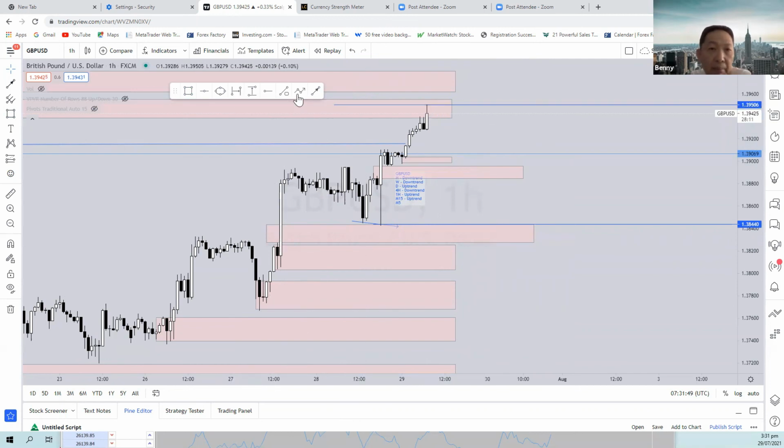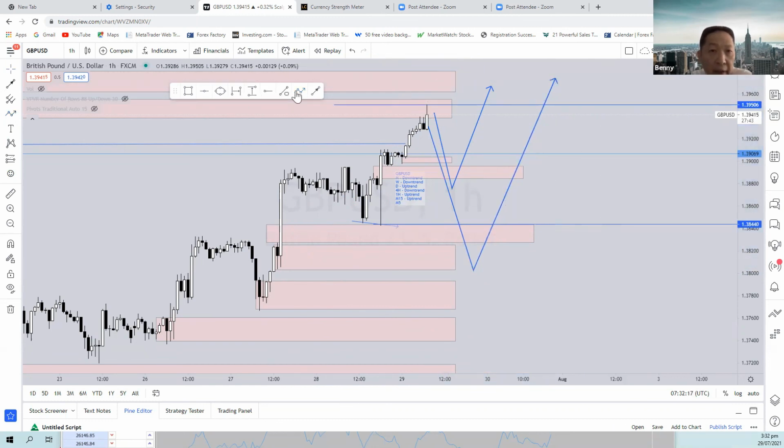Immediately, based on this, I can see that market can come to this area to fill this gap, and then it goes higher. Or market can, from current level, go all the way down to fill the second gap, and unlock this trap order, then move higher.